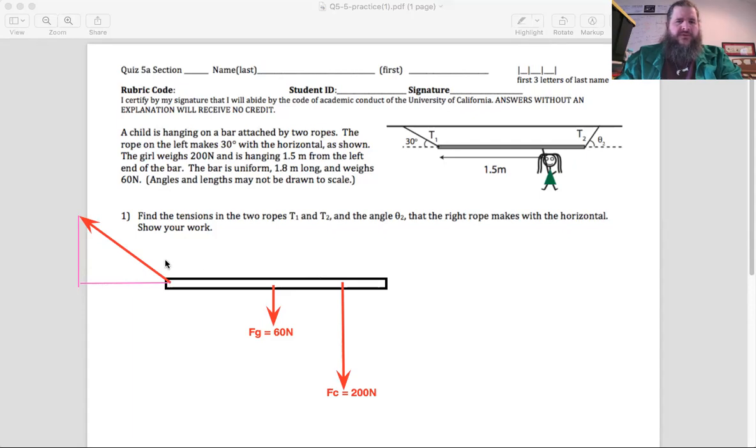And we don't know how strong the force is, but we'll just call that strength T1 as an unknown. And likewise T2 at some also unknown angle. Unknown magnitude and unknown angle.